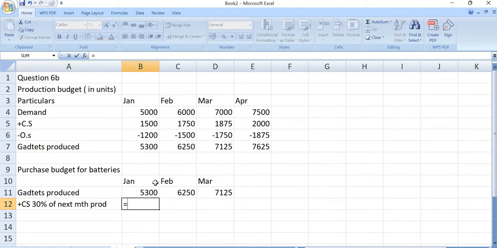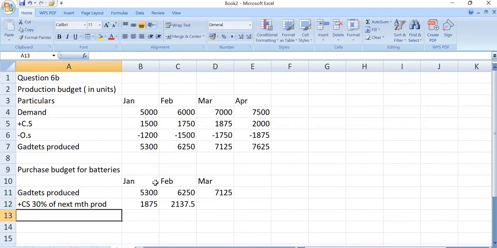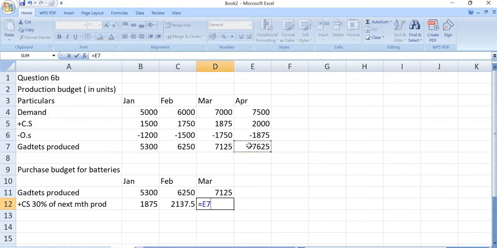That is 6,250 into 0.3, so 1,875. Here 7,125 into 0.3, that is 2,137.5. And here we consider April's month, that is 7,625 into 0.3, so it will come around 2,287.